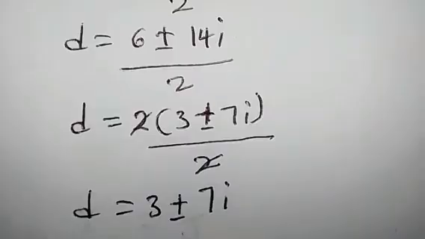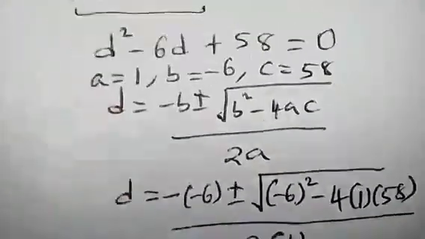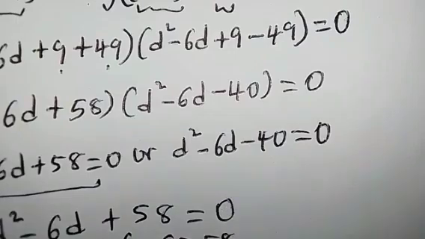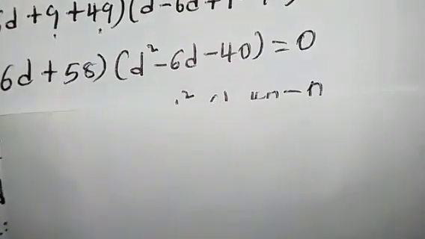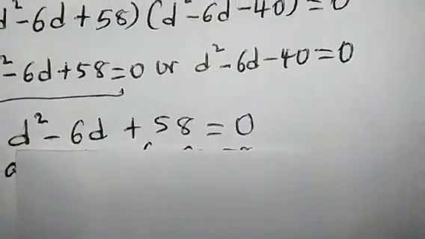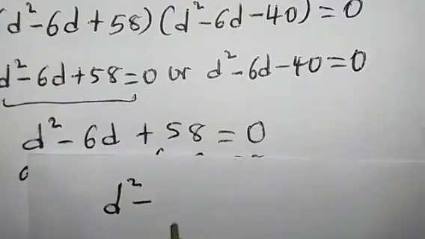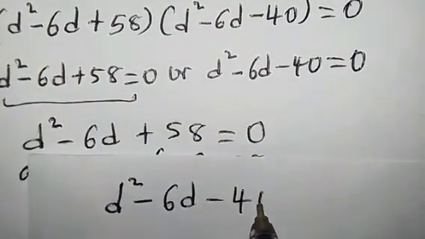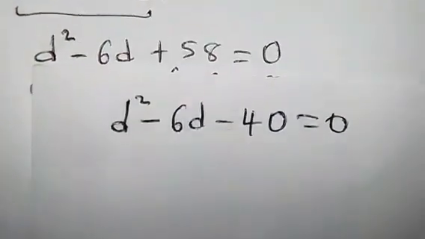Now, the next thing for us to do is to solve the other quadratic equation, which is this. Let's quickly solve it. We have d^2 − 6d − 40 = 0.